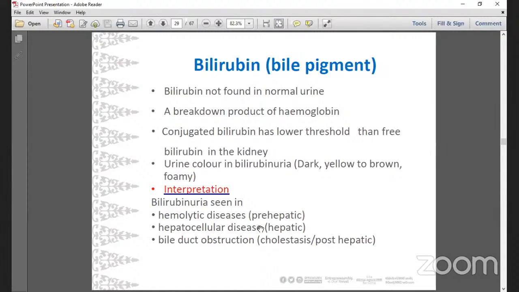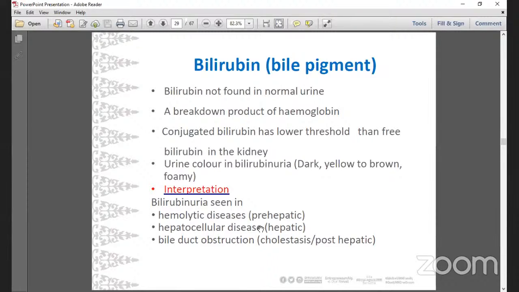One more thing is that conjugated bilirubin has a lower renal threshold compared to unconjugated bilirubin, so it passes through the glomerulus more easily. When there is a high concentration of bilirubin in the urine, there will be changes in the urine color. We can see a dark yellow to brown and foamy urine.